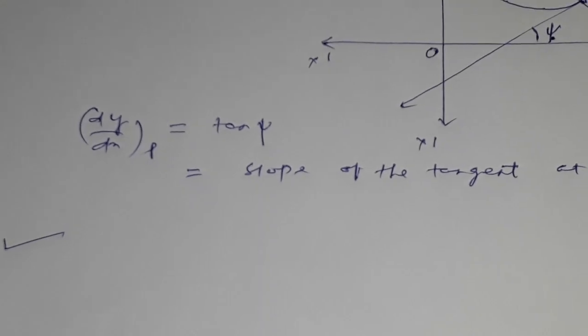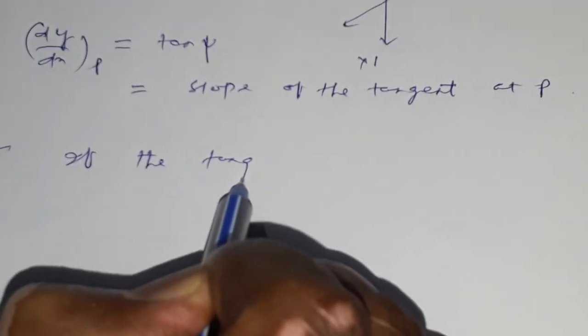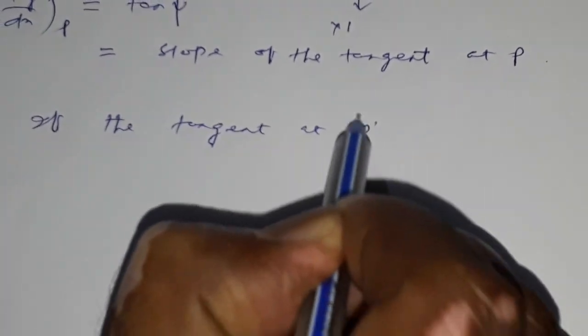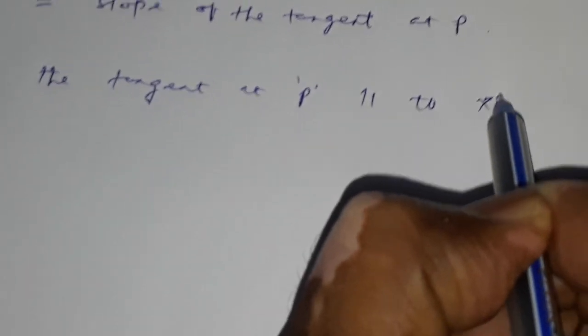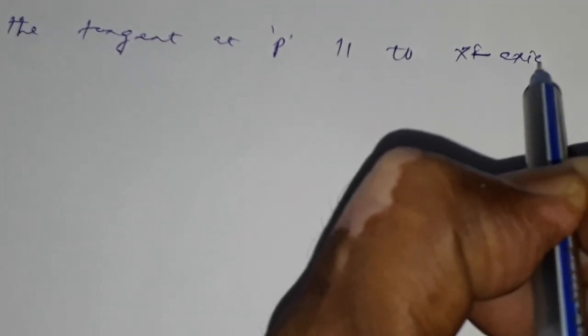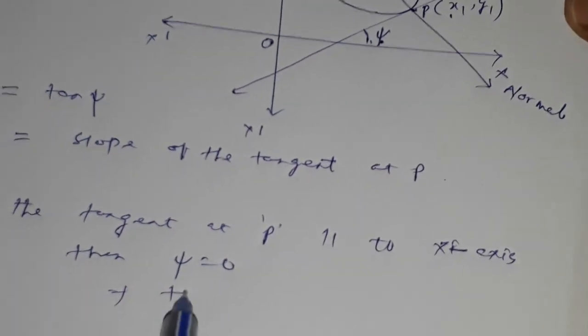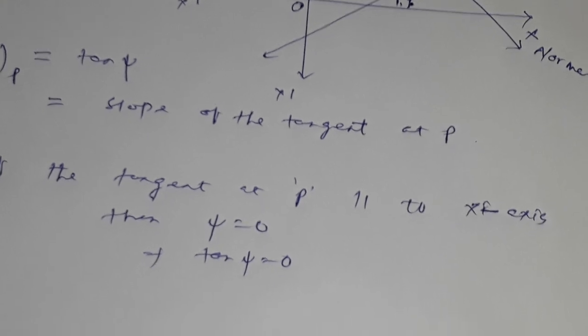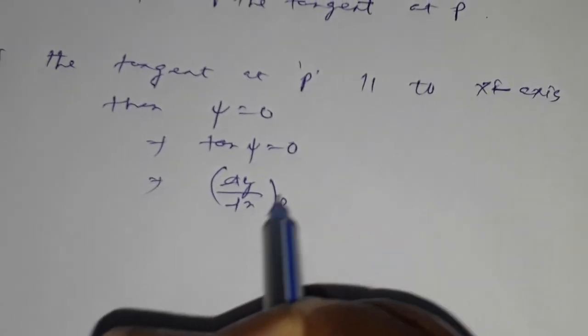If the tangent at P is parallel to the x-axis, then psi equals 0, which implies tan psi equals 0, which implies dy/dx at P equals 0.